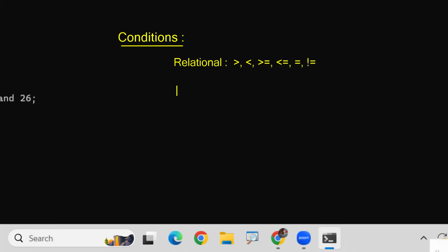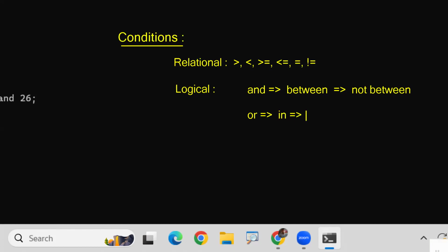Next is the logical operators. If you are using the logical AND operator, please use BETWEEN in place of it. It's easy. And if you need the opposite, what? Use NOT BETWEEN. If you are expecting exactly inverse results, NOT BETWEEN. If you are using the OR operator, in that place use the IN operator.